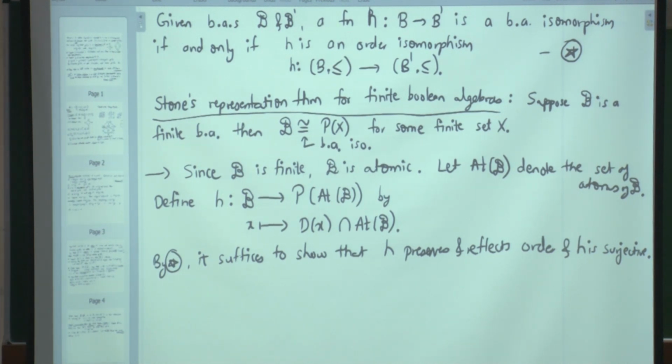Understood? h preserves order, h reflects order. So what is the order? In other words, we will show that x is less equal y if and only if hx is contained inside hy.